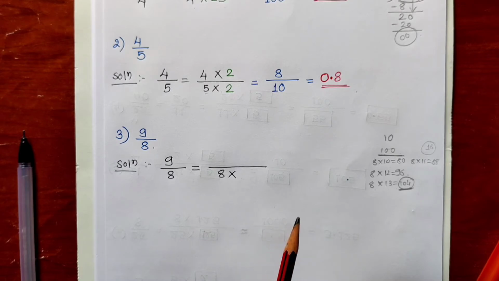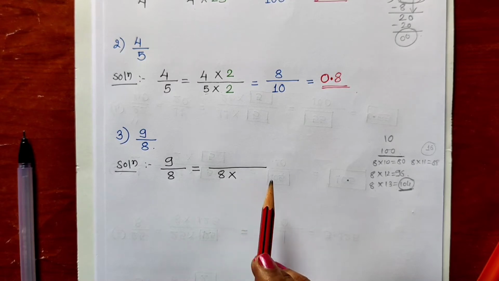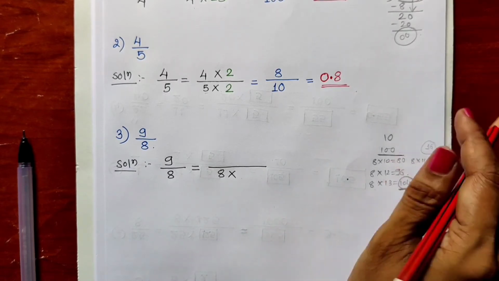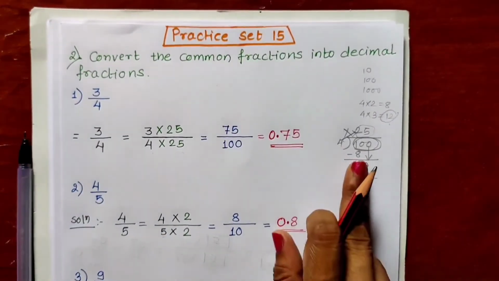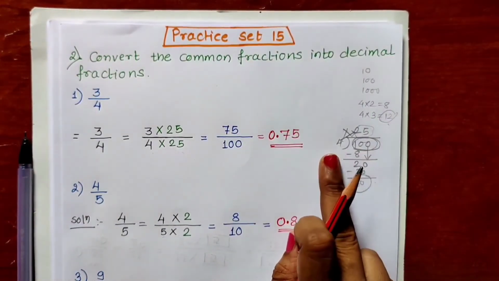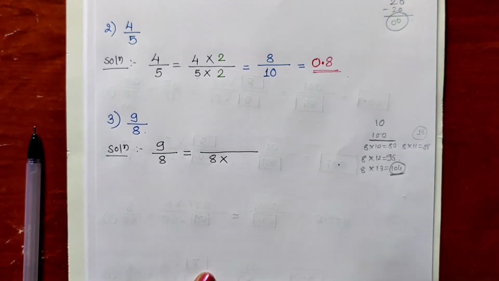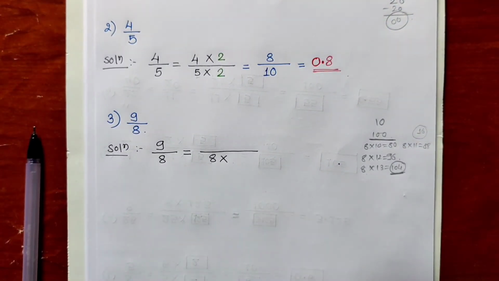So let us see if there is any number by which if you multiply 8 the answer is 1000, because 100 we are not getting. If you want to find it in this way, divide 100 by 4, as we did in question number 1. Same way, you can divide 100 by 8 and find out if you get any such number.